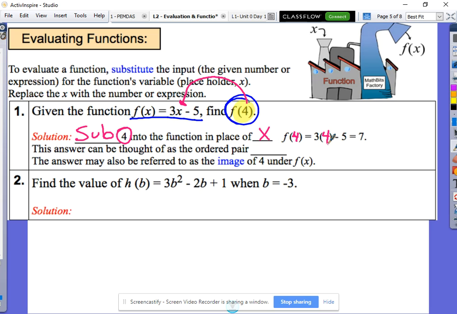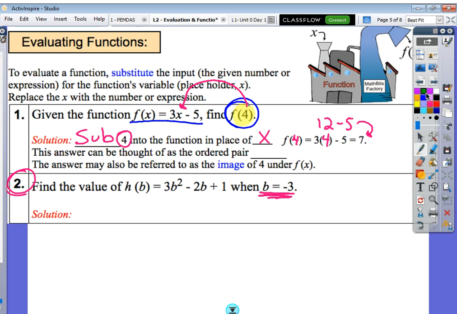So instead of 3x, it's now 3 times 4. So 3 times 4, if we simplify, is 12. 12 minus 5 is 7. There you are. So try this one out right here, number 2. See if you can figure out what h of b is, and then figure out when b equals negative 3. Give that a go. Press pause and see what you get.